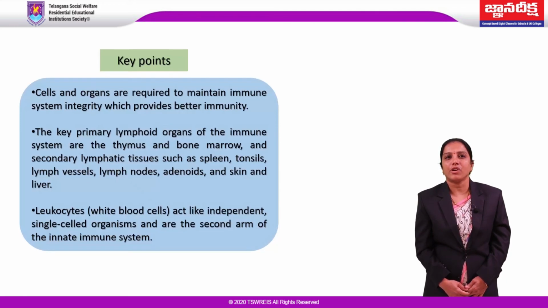The key primary lymphoid organs of the immune system are thymus and bone marrow.